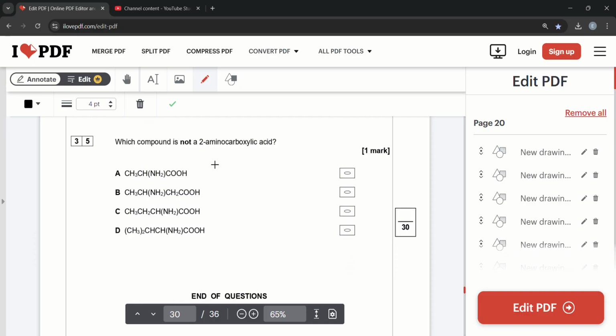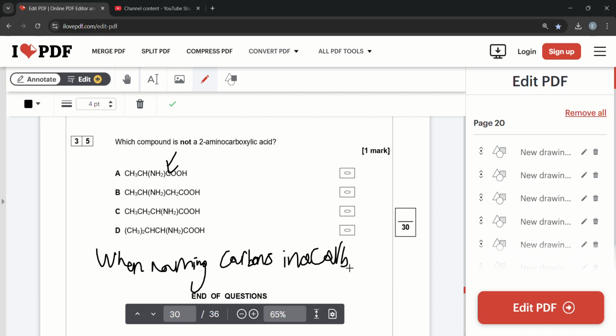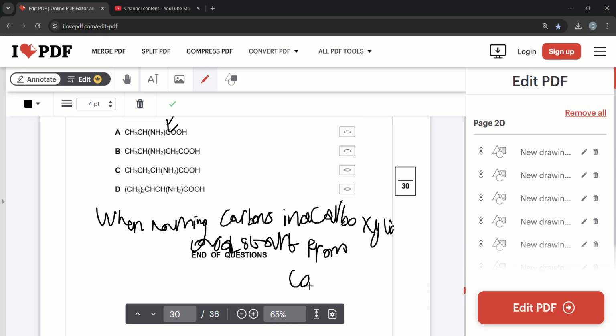Which compound is not a 2-amino carboxylic acid? That is because remember when we're naming carbons in a carboxylic acid, you always start from the COOH carbon.